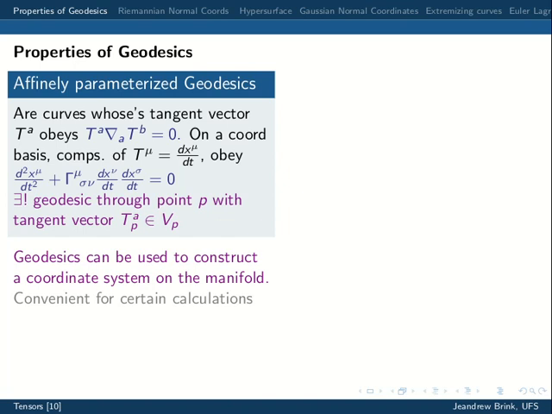Especially when we're doing GR, when you don't know what your manifold is or what the curvature is, a very normal experiment to do would be to say, okay, I need a coordinate system.